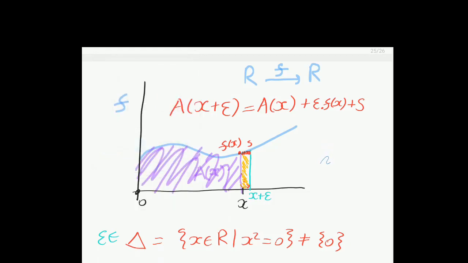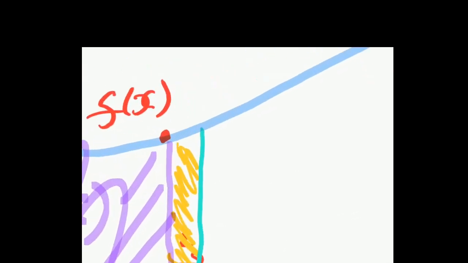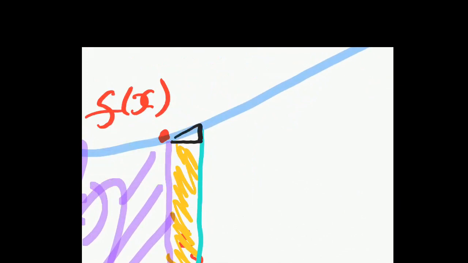So let me see if I can convince you of that. Let's imagine zooming in and looking at this area S in close detail. So if we zoom right into our picture, the area of this black triangle is going to be S. Okay, so let's think about this black triangle.